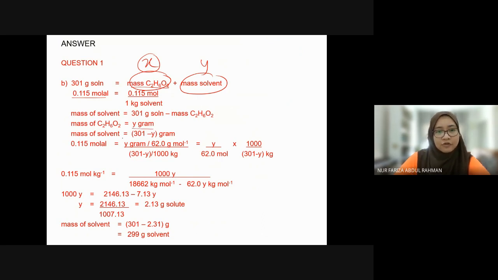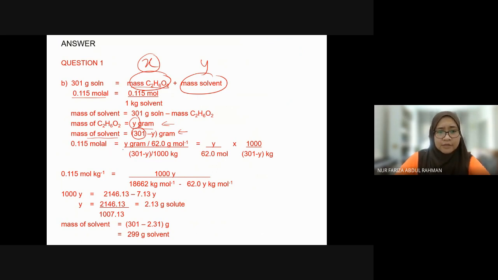To find the mass of solvent, we can take 301 minus Y, where Y is the mass of solute. So we can get the mass of solvent. This is the unknown that we have defined just now. So you may use Y and 301 minus Y.